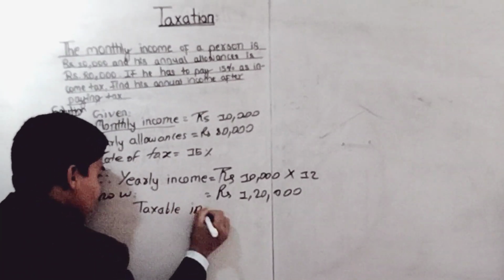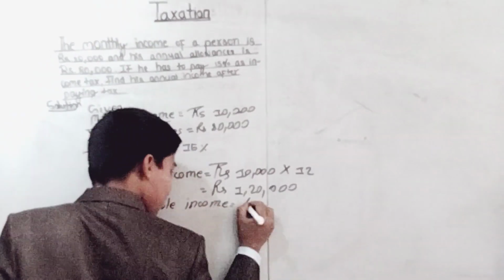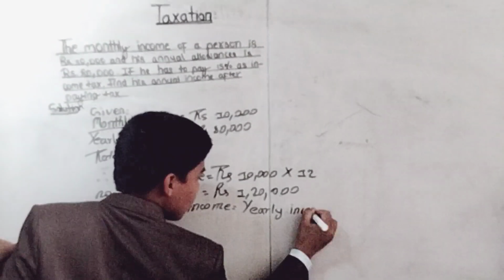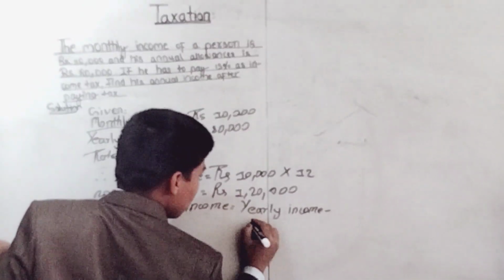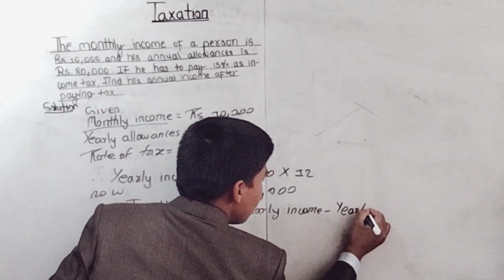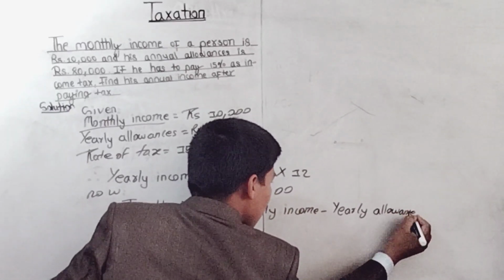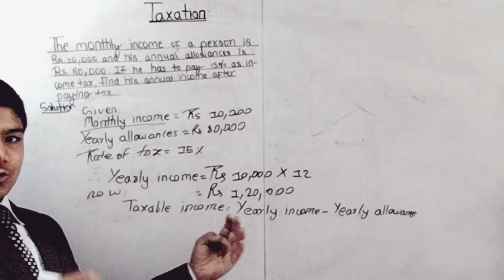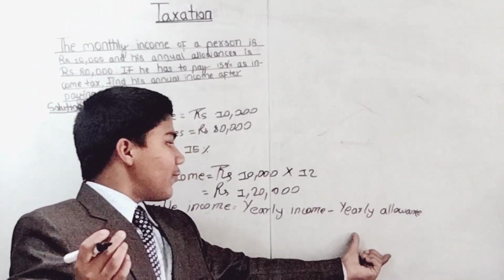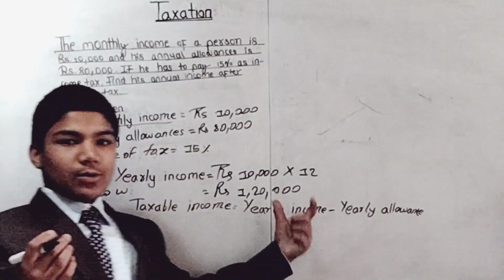Taxable income is equal to yearly income minus yearly allowance. Here, for finding taxable income, we have to subtract yearly allowance from yearly income.